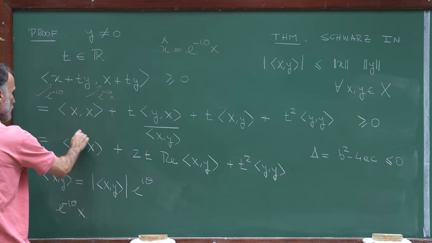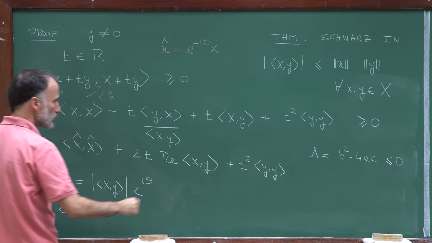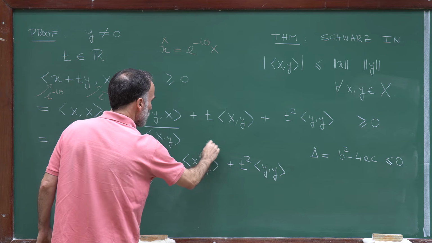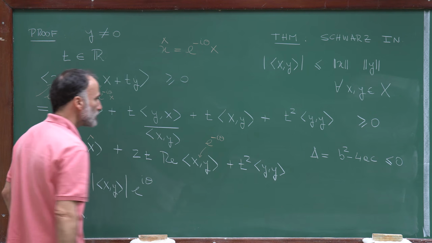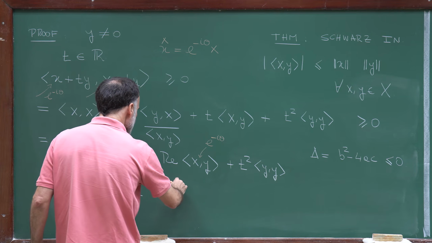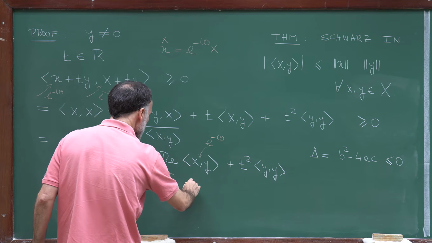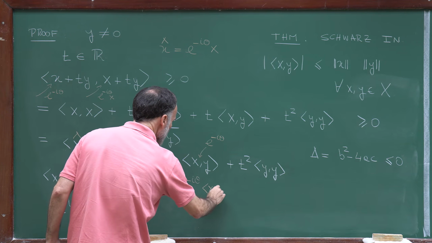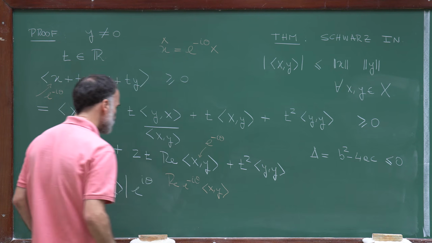So I get x hat here, and x hat there. By linearity, this is the real part of exponential minus i theta xy.